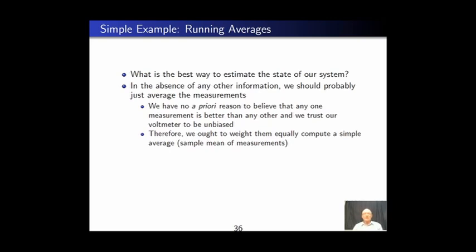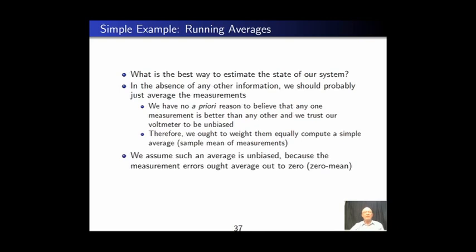Therefore, we ought to just weight all the measurements equally and compute a simple average. We do assume that the average is unbiased because the measurement errors ought to average out to 0. Said another way, the sequence of measurement errors ought to be a zero-mean sequence.